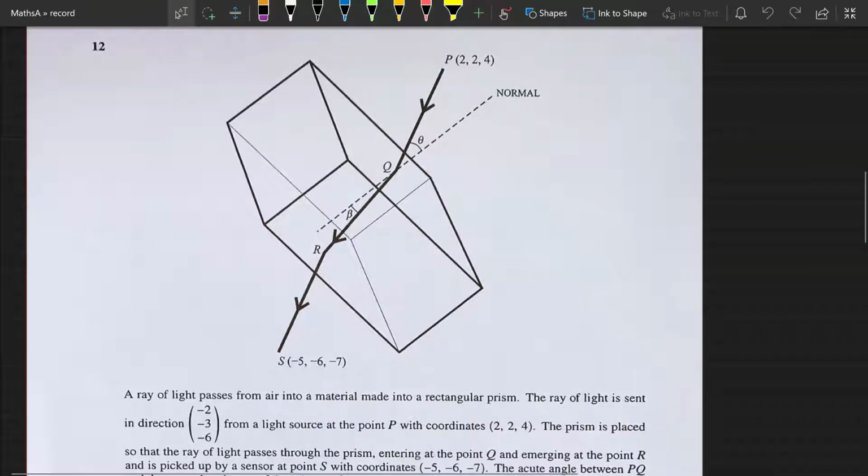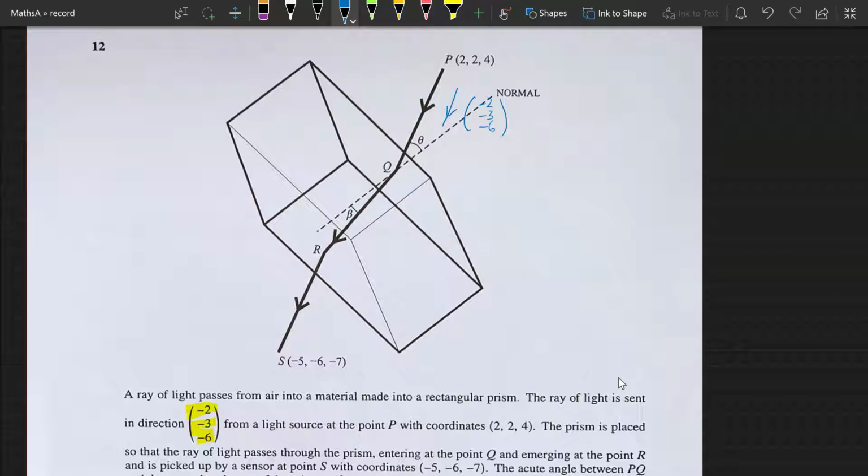Okay, so you start off, a ray of light passes from air into material. This is a prism, so they didn't use any technical terms here, so you can't say they're referring to physics. They didn't say refraction anywhere. So anyway, the ray of light is sent in this direction, so this is the direction vector that they are talking about, -2, -3, -6.